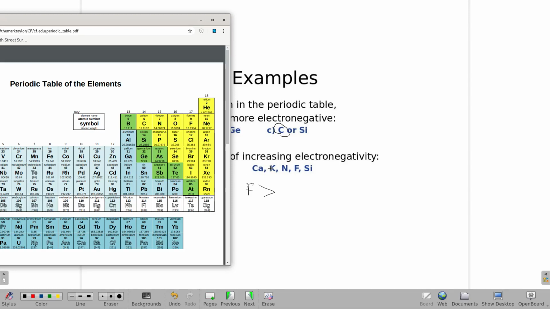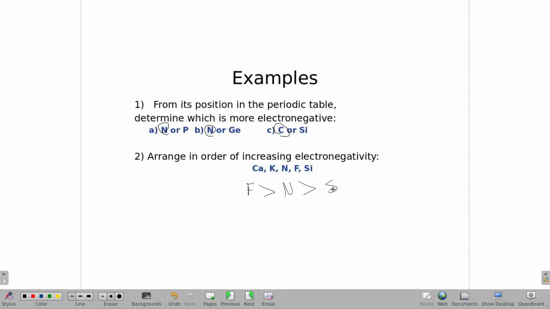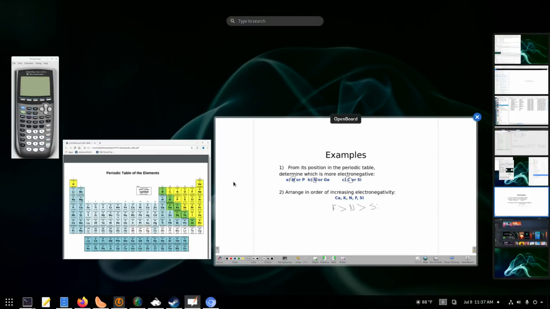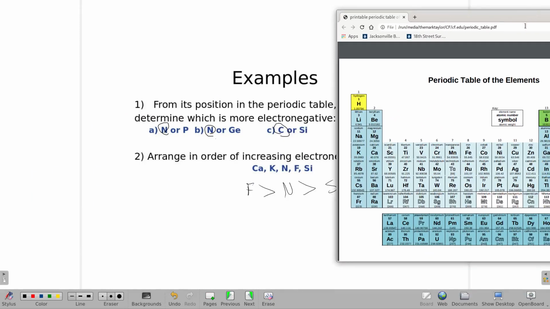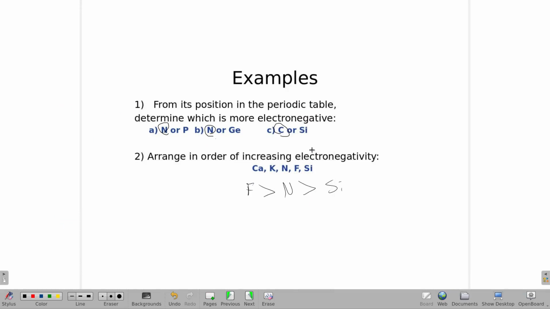The other two are actually metals. So which one of those is first? Nitrogen and then silicon. And then we have calcium and potassium, which are over in group 1 and group 2. Calcium's in group 2, potassium's in group 1. So calcium and then potassium.